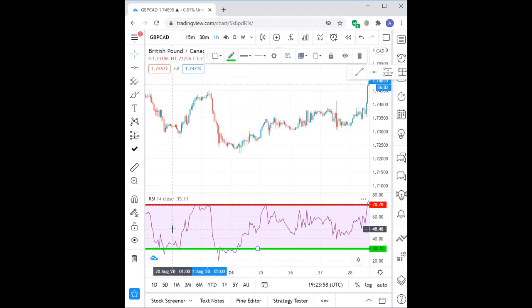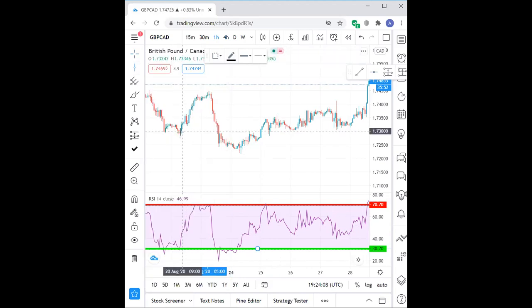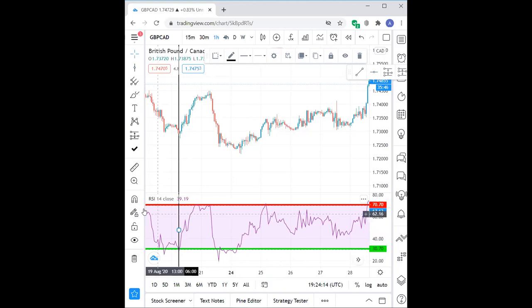So here, when the price came to this place, let's bring our vertical lines, put it here, diagonal, put it here. You can see when the price touched the 30 level, there was no more selling pressure, so the market started turning bullish.